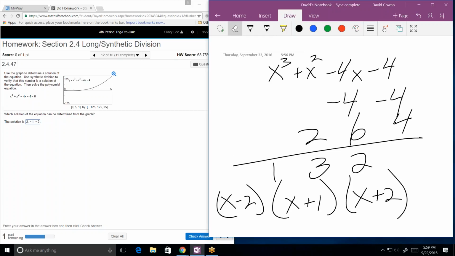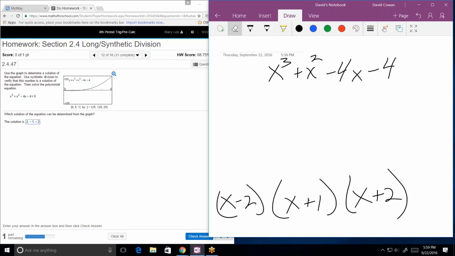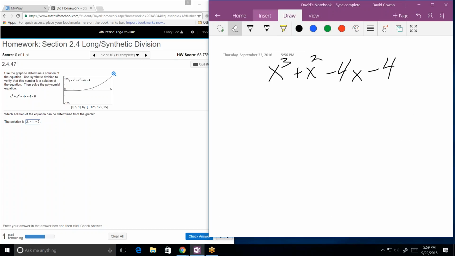Hold on. Okay, so you got your polynomial written across the top? Yeah. Okay, what we want to do is put parentheses around the x cubed and the x squared terms.